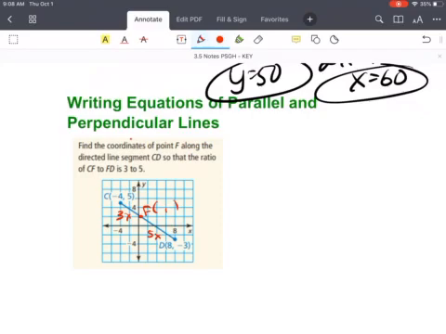So when I find the slope of the line, plug in my original ordered pairs for the slope of this line. I get negative 2/3.